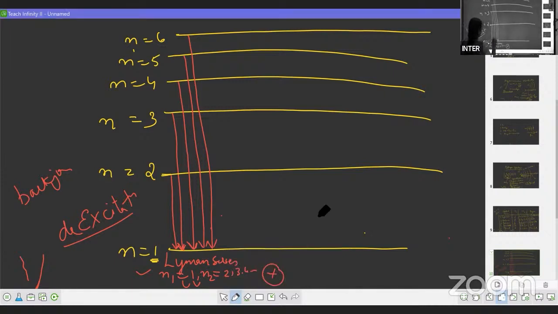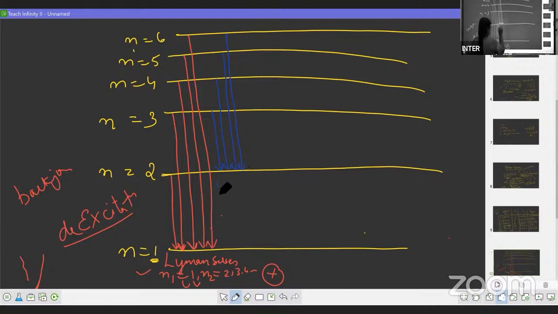Second line क्या है? Balmer series. Balmer series is the de-excitation of electron from any higher state to second orbit.